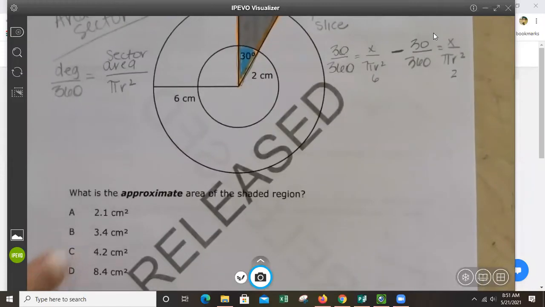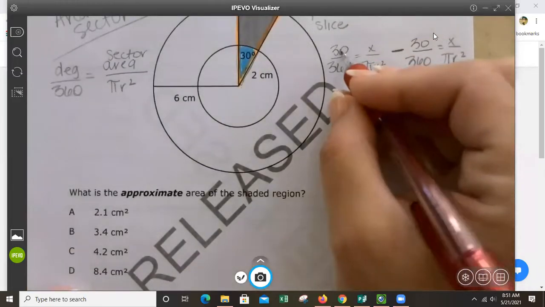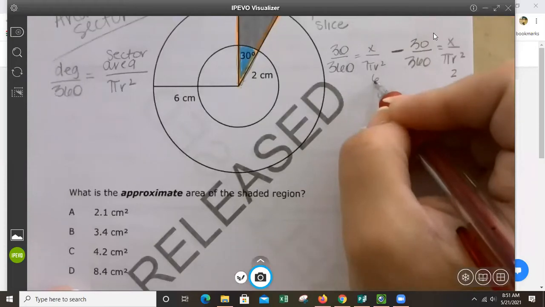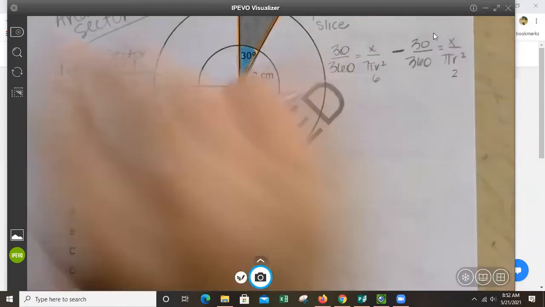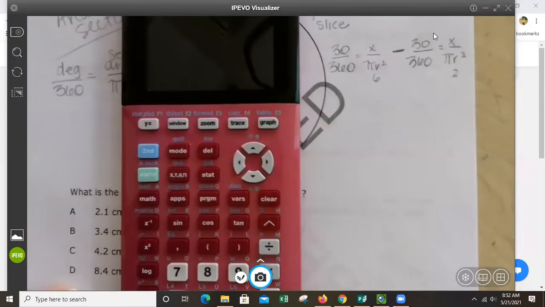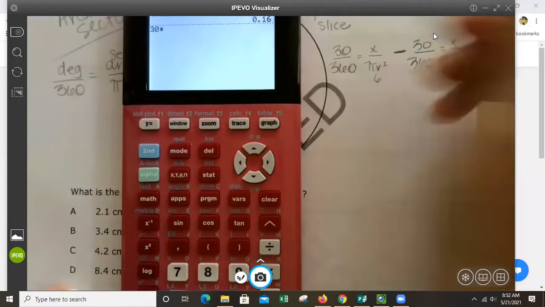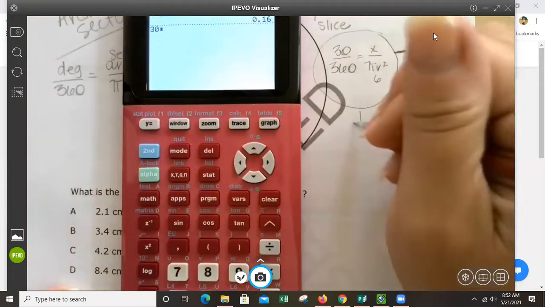Okay, so I'm going to do those formulas and I'm going to write them down. All right, I'm going to start with this one. 30, and I'm going to leave it in terms of pi just because it makes it easier for me to work on, and then I'll put the pi in at the end. So we're going to do 30 cross multiply. I'm only working on this part right now.